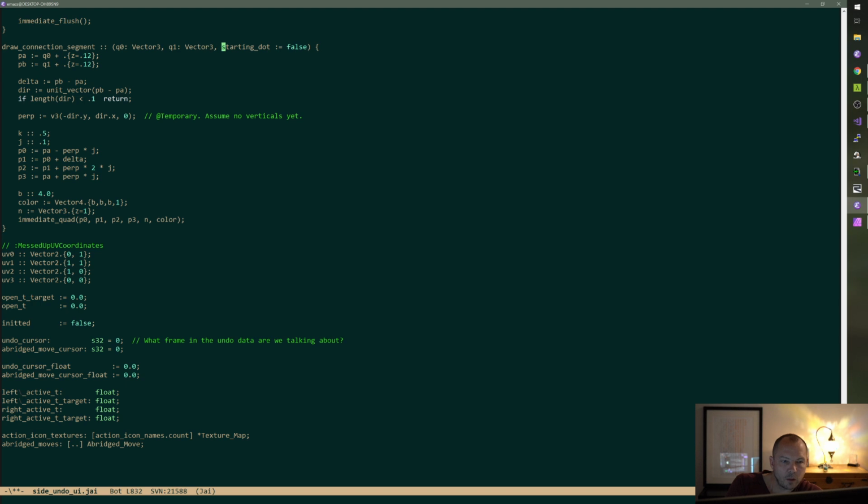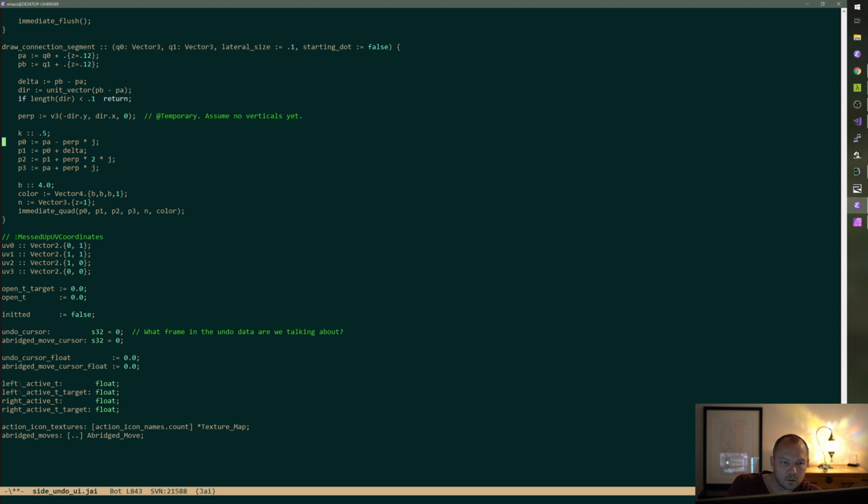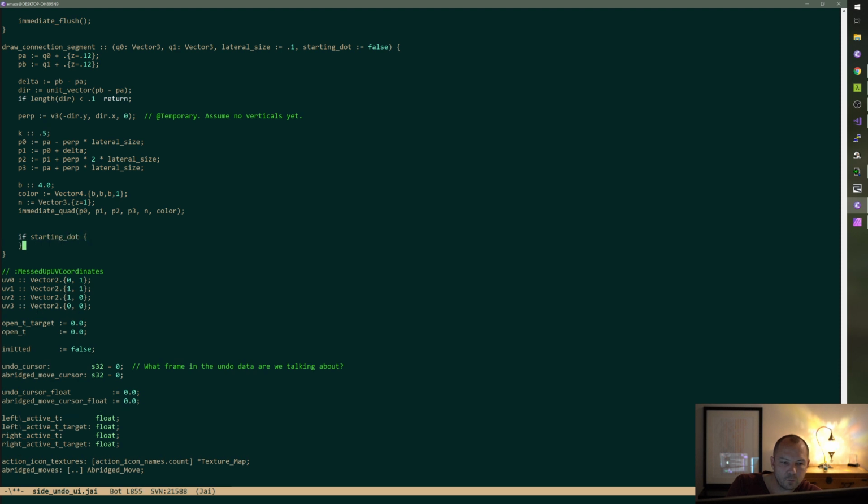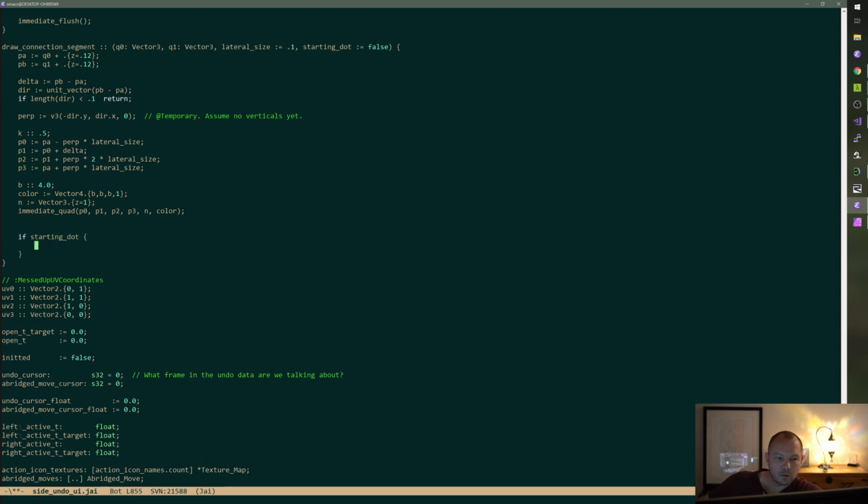We're going to say lateral size is 0.1. So we could vary that. And then we say if starting dot, then we draw a circle.